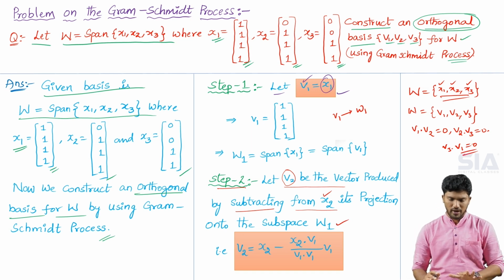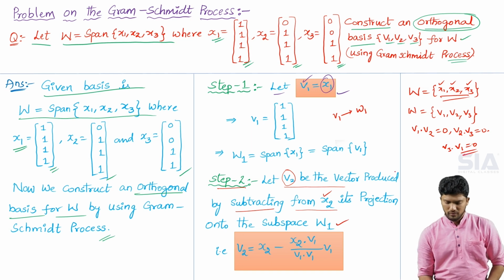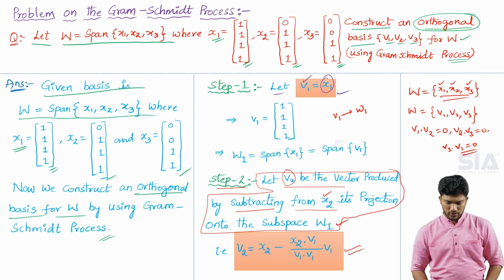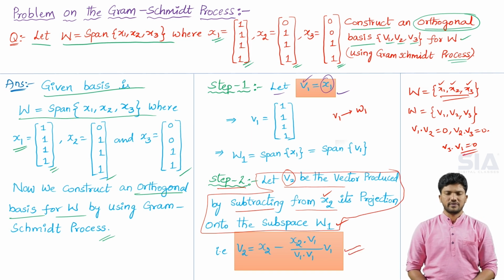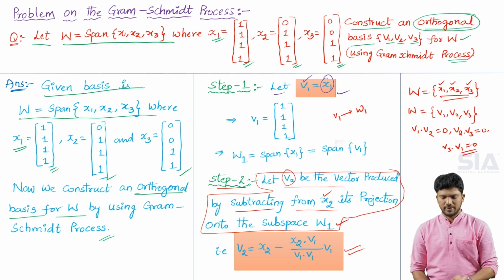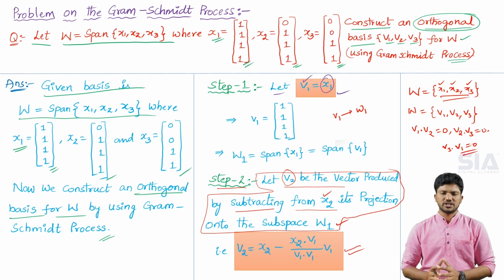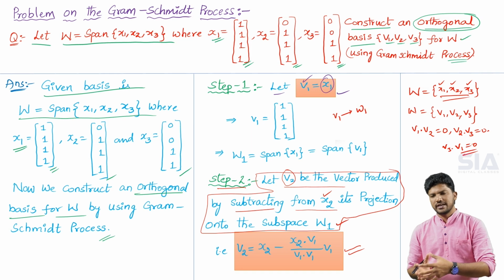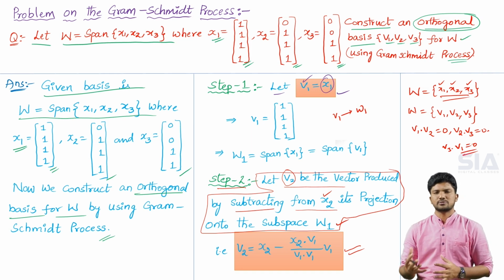So the formula is given by this whole statement; as an equation, we can write it in this format. Therefore v suffix 2, the second orthogonal vector, is equal to x2 minus its projection onto the subspace W1.